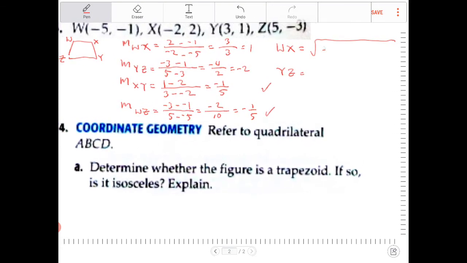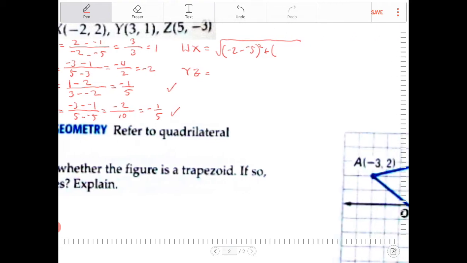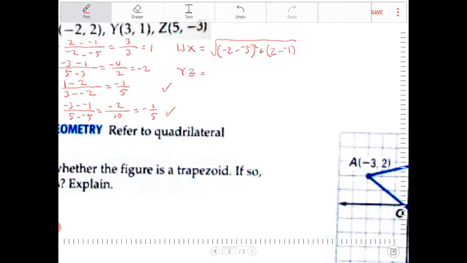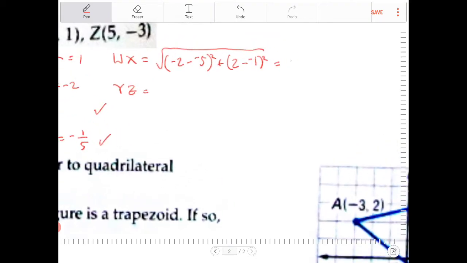Negative 2 minus negative 5 squared plus 2 minus negative 1 squared. And if we perform the computation, this becomes square root of 3 squared plus 3 squared. So that is actually equal to square root of 18.